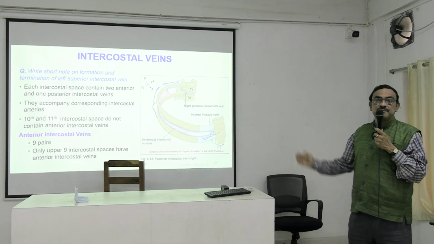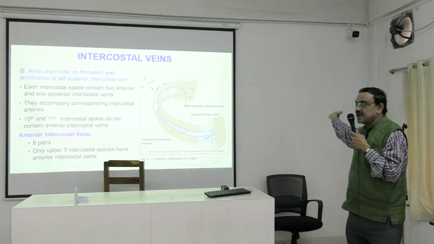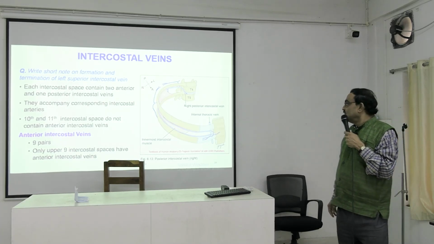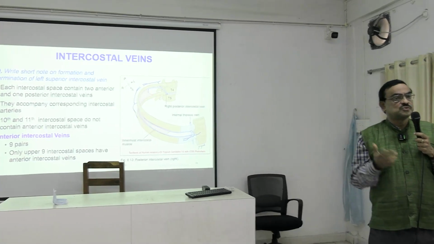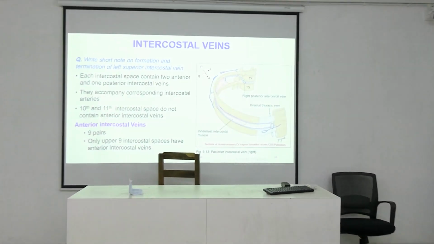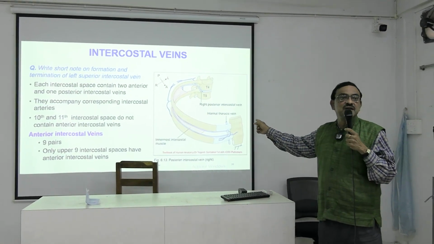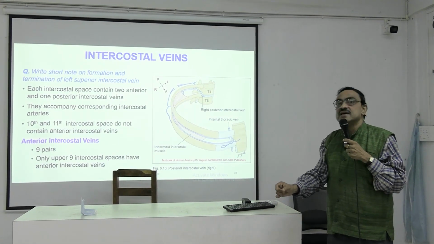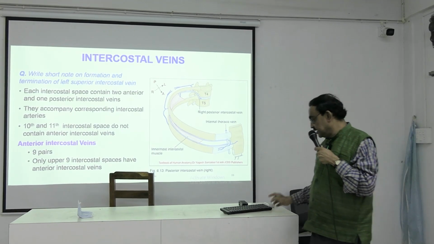They have right posterior intercostal and left posterior intercostal veins, with a corresponding course with the arteries, but their drainage is unique. The anterior one is drained into the corresponding internal thoracic vein. Artery is there, corresponding vein is there.